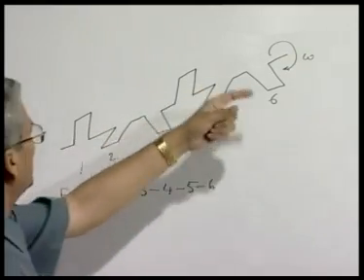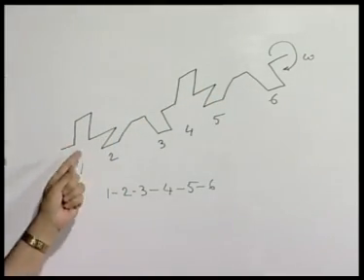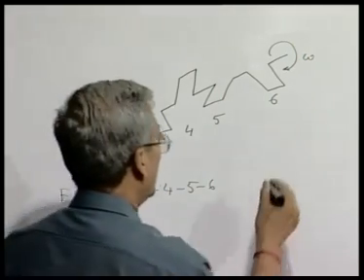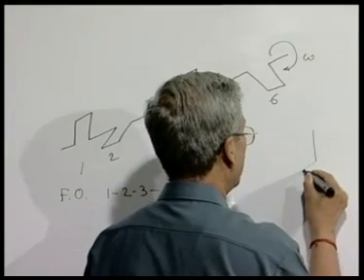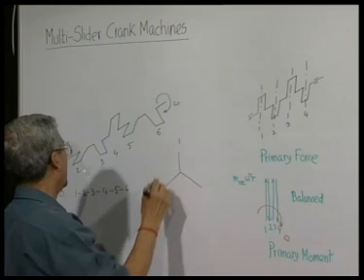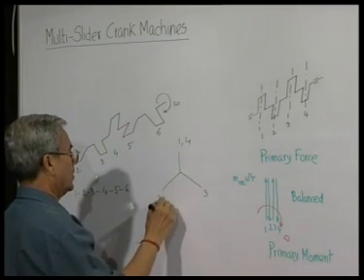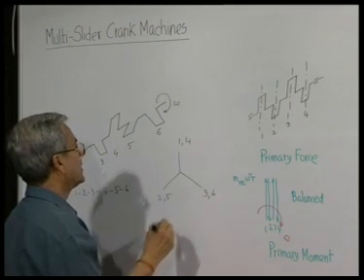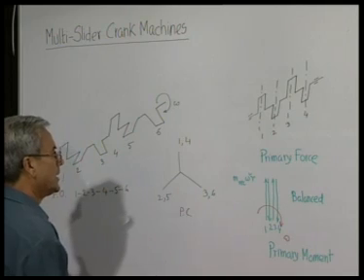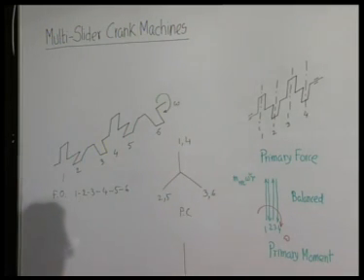Now, with this, if you keep on doing the same kind of analysis, you will find primary forces will be balanced, secondary forces will be balanced. Now, one should be very careful in drawing the primary and secondary cranks. So, this is the primary crank, say 1, 2, 3, 4, 5, 6. Secondary crank, 1 will be the same, because 0 into 2 is 0.